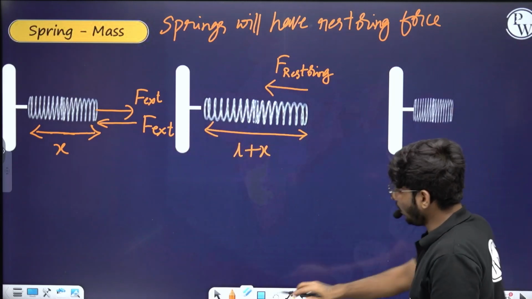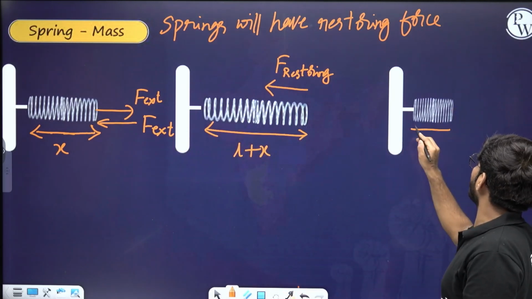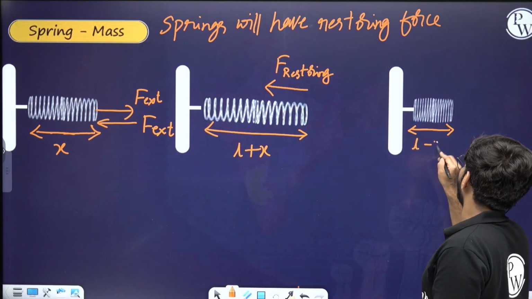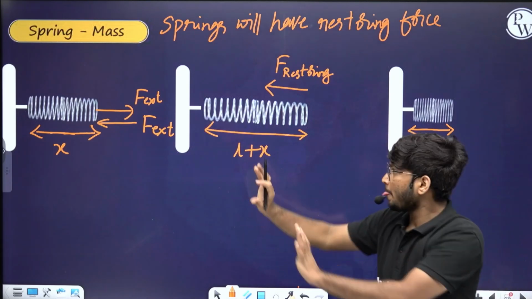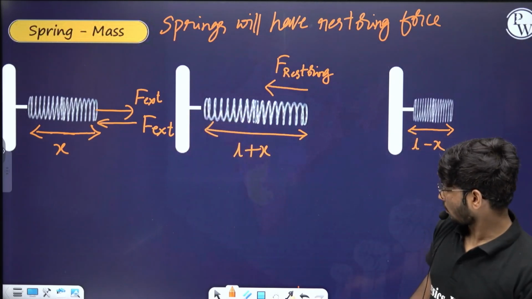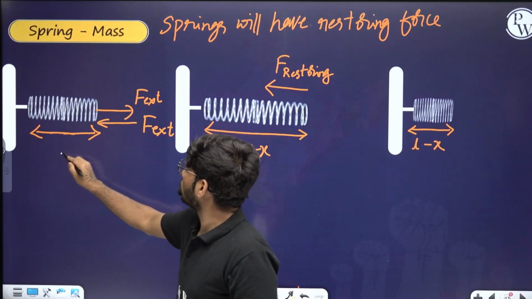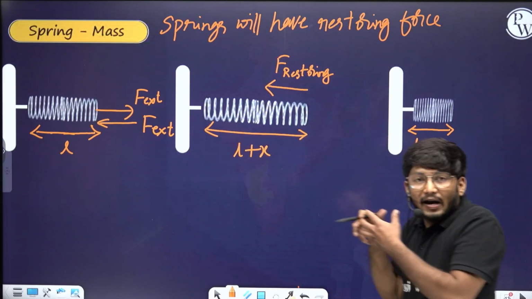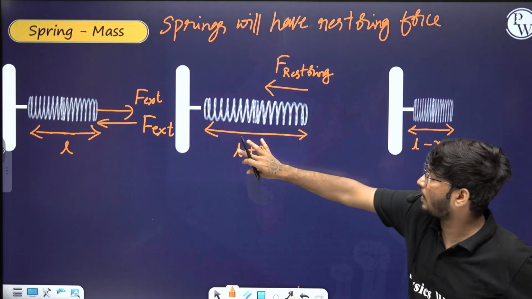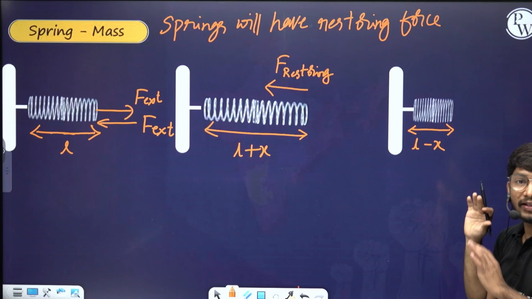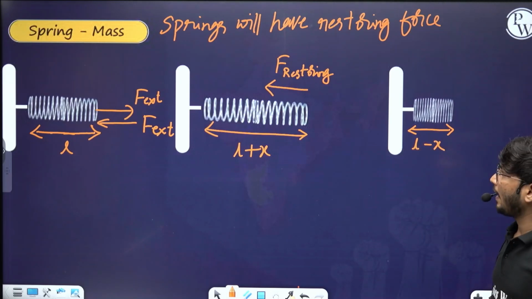Its length will reduce. Its length will become L minus x, right? Sorry, the length, this has to be L. So the length was L. When it expanded by x, its length became L plus x. When it compressed by x, its length became L minus x.